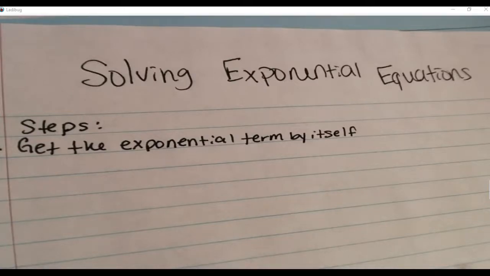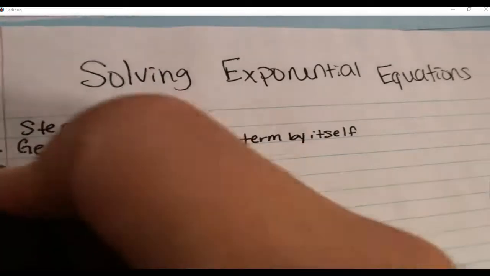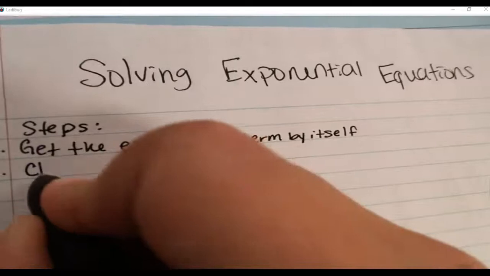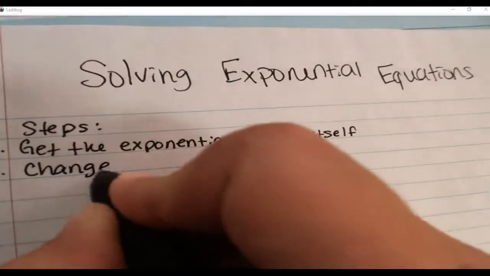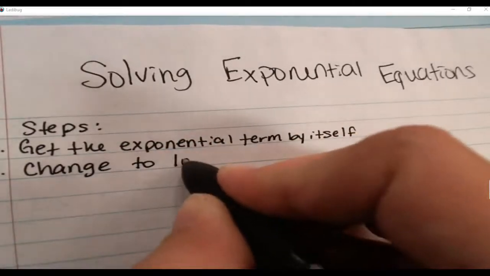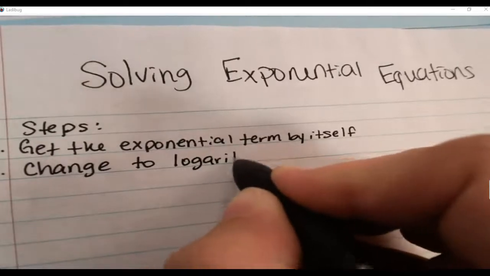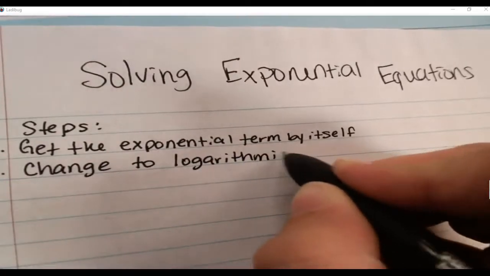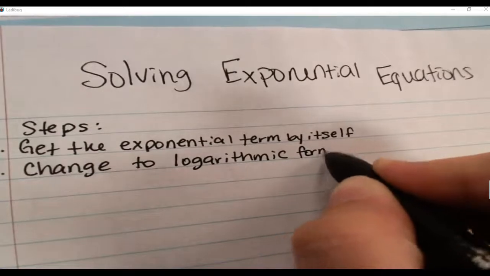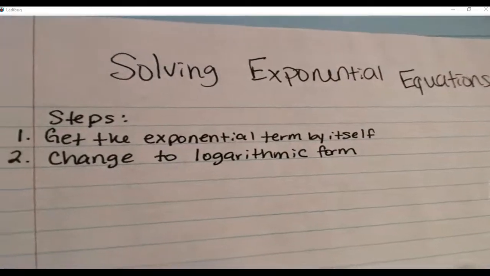Then what you want to do is change it to log form, like what we did yesterday. So change it to logarithmic form.